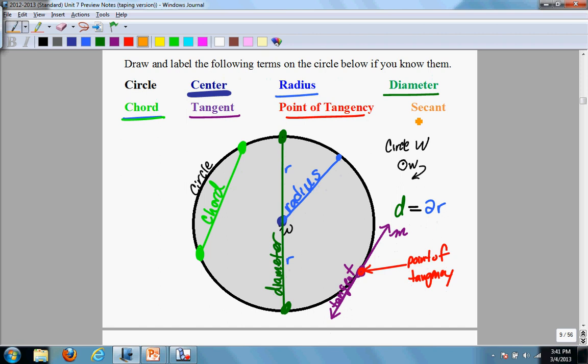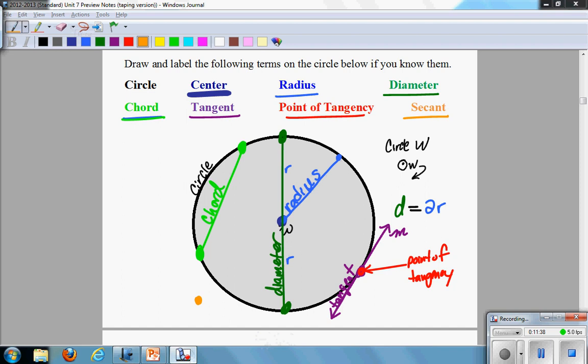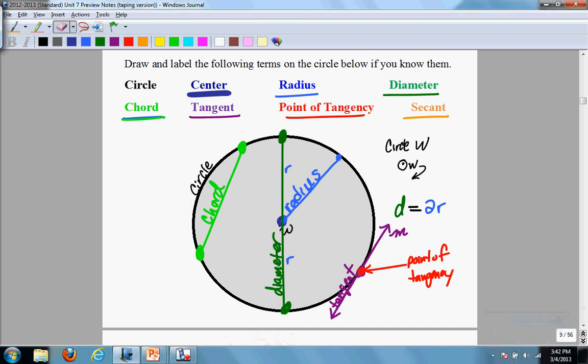Now a secant is a line that starts outside a circle and goes through the circle. So a secant, let me draw a couple of them. A secant can come from the outside and just go through the circle and stop on the far side.